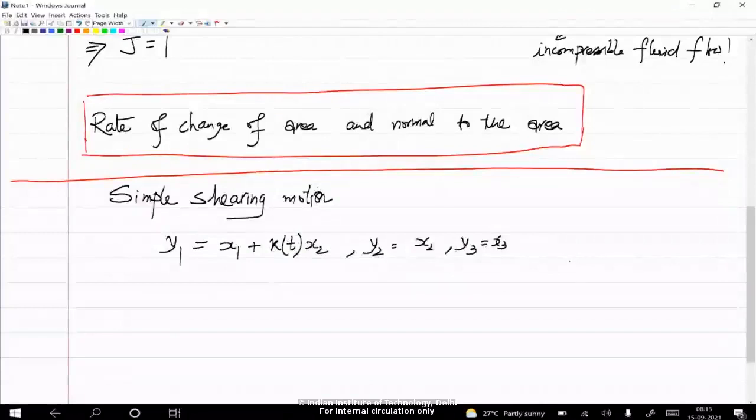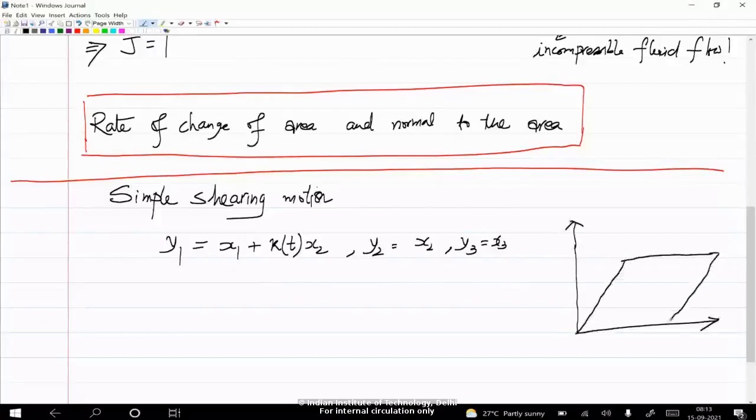And physically you can notice that this is actually shearing. So at any time t, this is how the body would have deformed, right? So this is the region occupied at time t, and this thing, that's your k of t.